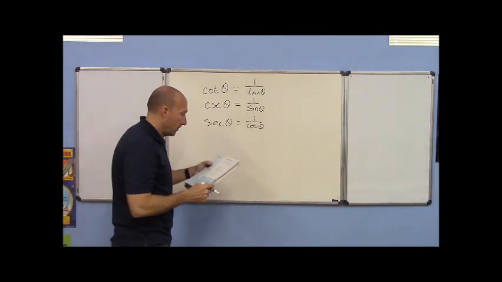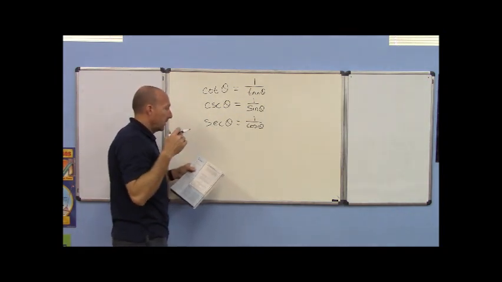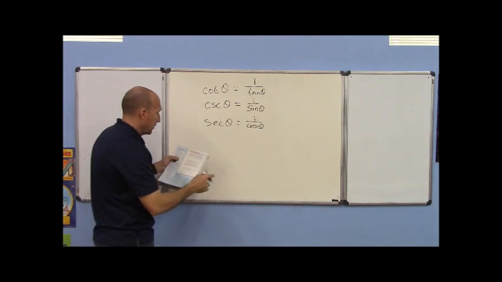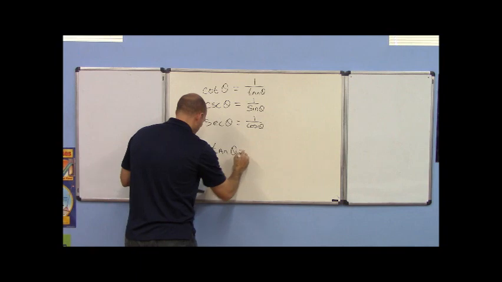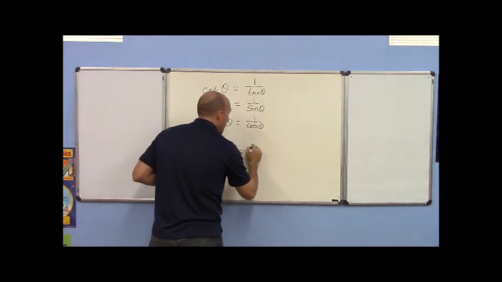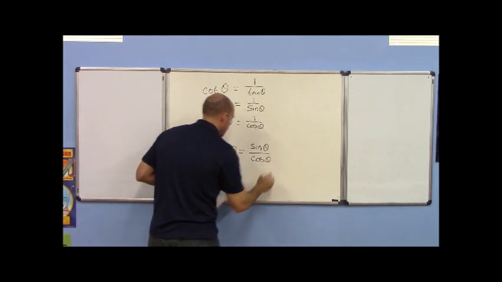Okay, 2 more. These are called the quotient identities. Again, mainly just write these down so you have them. The tangent of theta equals the sine of theta over the cosine of theta.